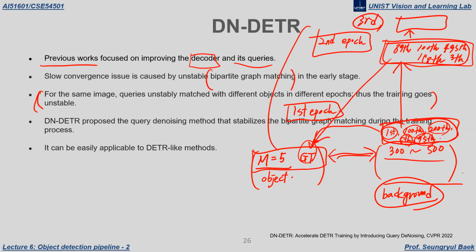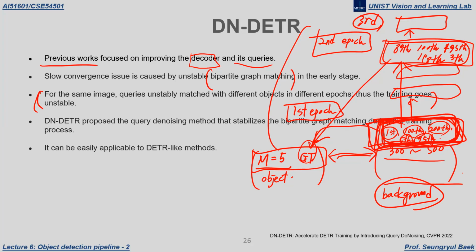Okay, so ideally, these selected object queries need to be stable during the training. Okay, then they will gradually become similar to their ground truth values, and the training converges fast. Okay, but in practice, these matched object queries are not stable, especially in the early stage of the training.